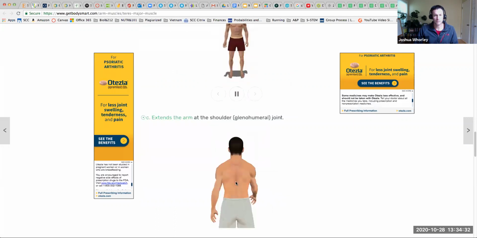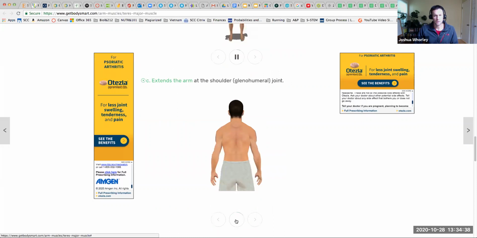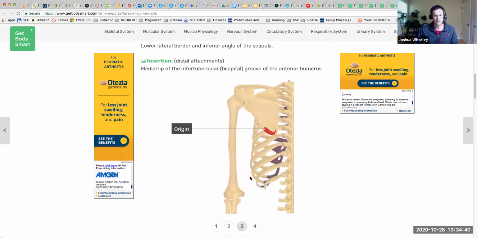And even a bit of extension of the arm at the shoulder. So extending it backward, right? And that's because of this front to back motion. More or less, the scapula is not moving, and so when this muscle shortens, it's going to immediately rotate the humerus, draw it back, and of course, if it's out here, it's going to pull it towards the scapula.